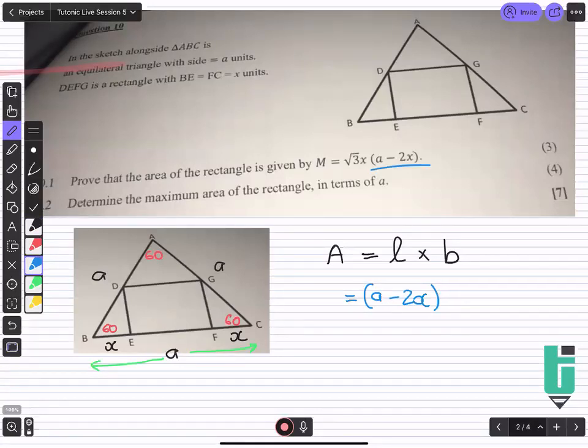But the breadth, what about the breadth? What's the breadth? Any ideas, Amara? No, I'm not sure. Anybody want to help her?